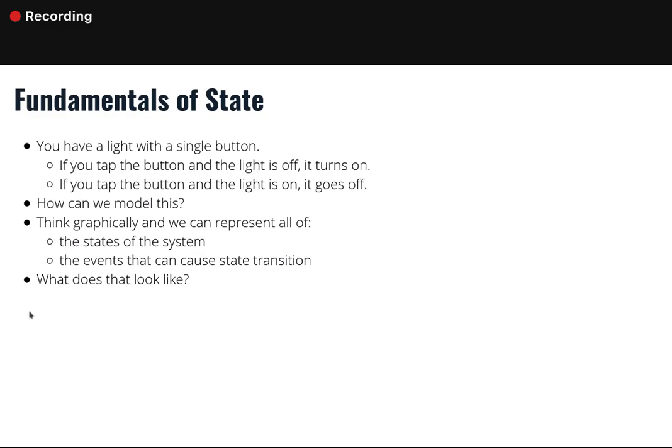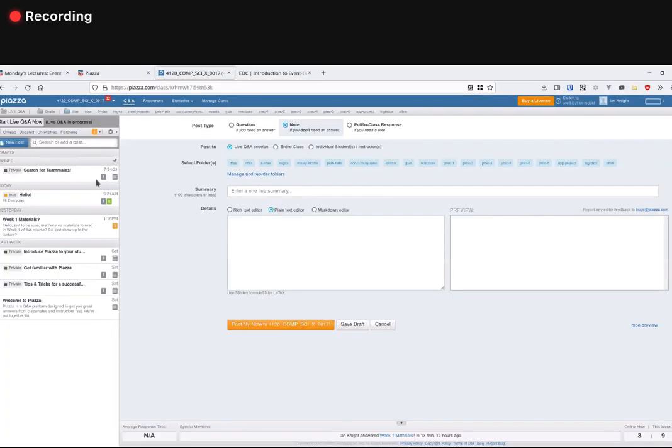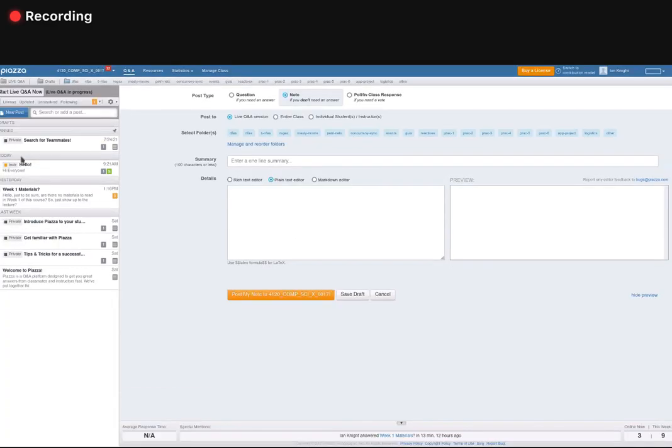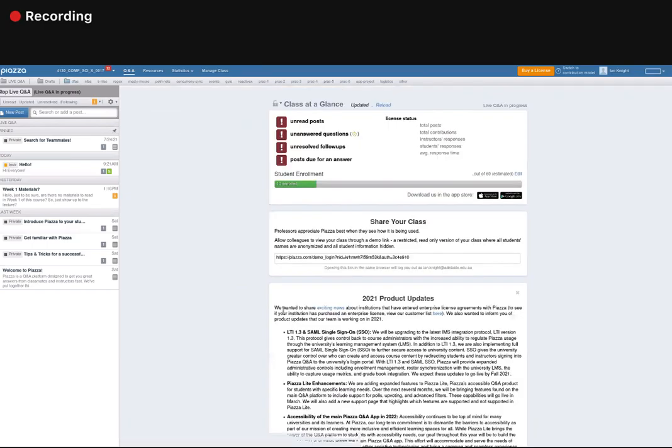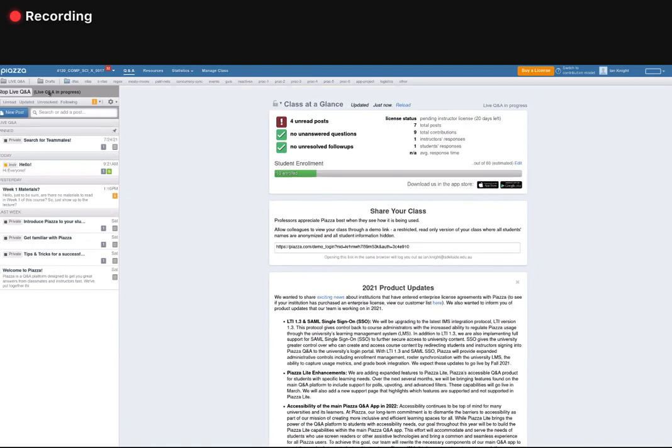What I'll get people to do is hop onto Piazza, and I've just opened up a live Q&A, and go ahead and have a crack for the next 3-ish minutes of seeing if you can draw out a model of some sort for the system that we've just described, and then post your model in the live Q&A.